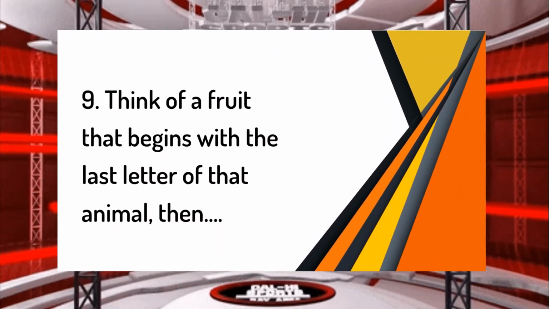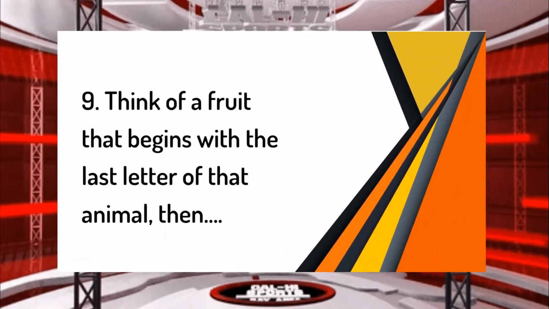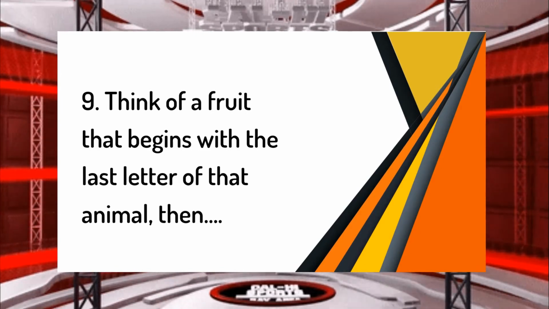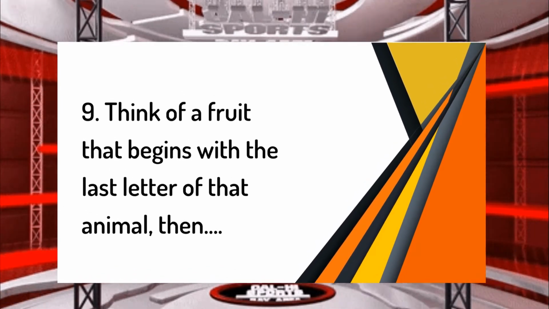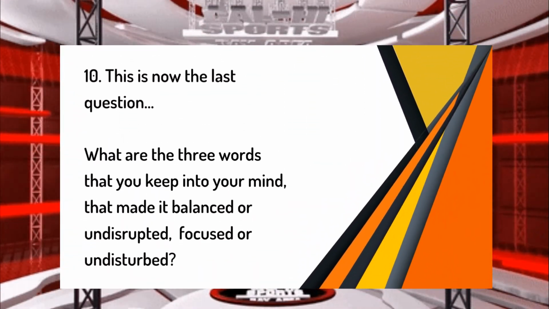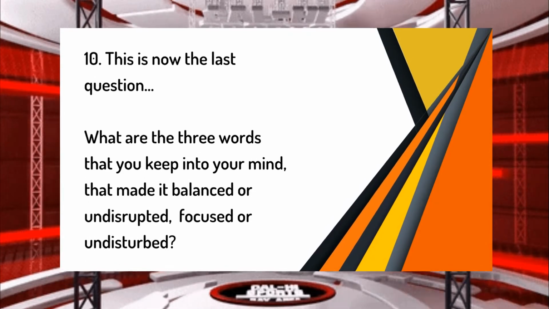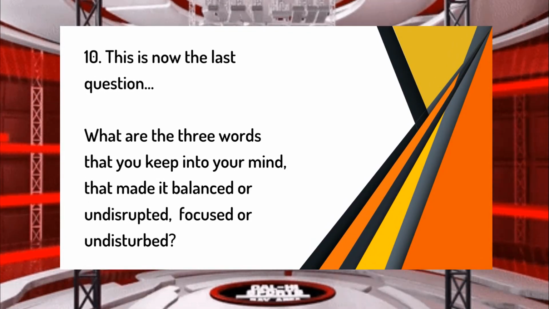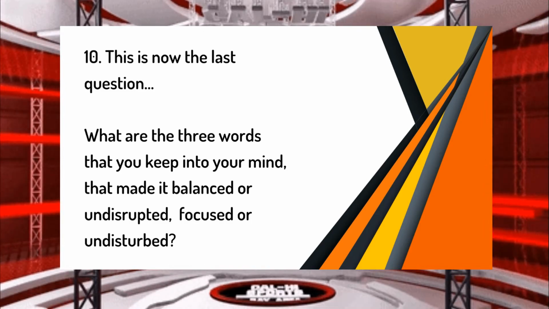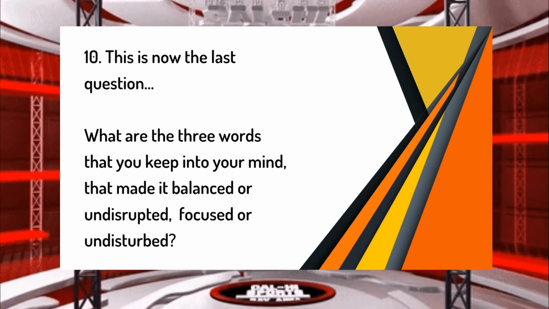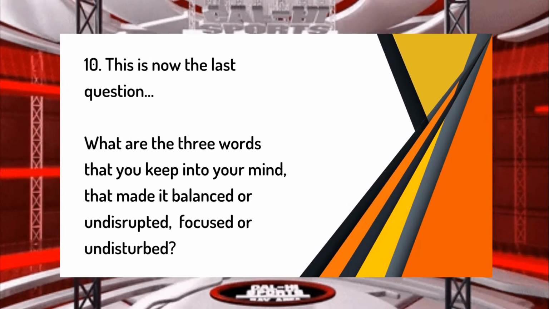For the next step, think of a fruit that begins with the last letter of that animal. And finally, for our last step, this is now the question. What are the 3 words that you keep into your mind that made it balanced or undisrupted, focused or undisturbed?